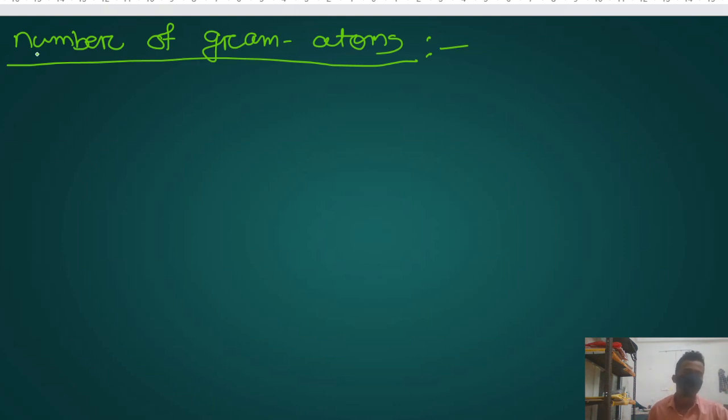For calculating the number of gram atoms, one formula is there.